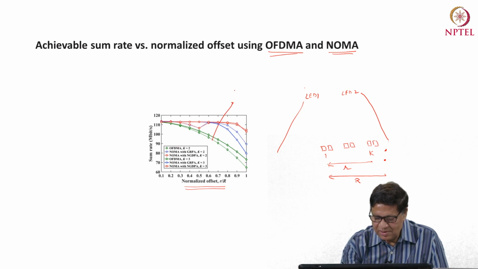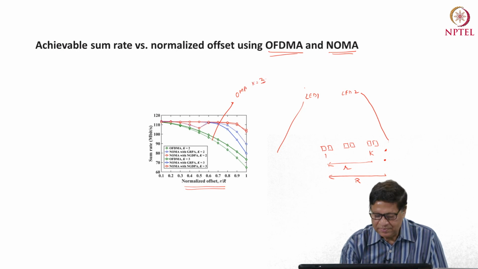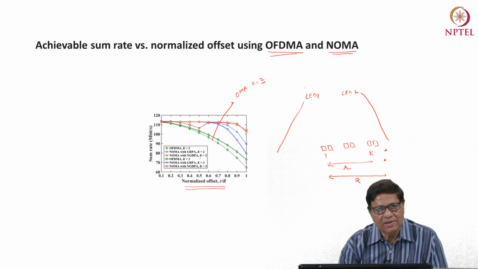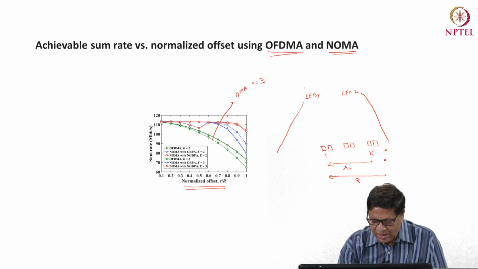This is the OMA for k is equal to 2. So this is what you get, the sum rate. And if you use 2 types of power allocation method, that is GRPA and normalized GDPA, one is the addition of the channel gains, the other is the difference of channel gains, for k is equal to 2. So these are the respective curves you will get.